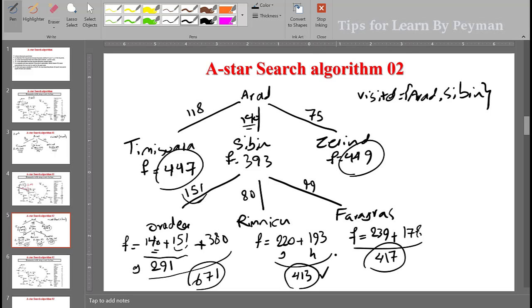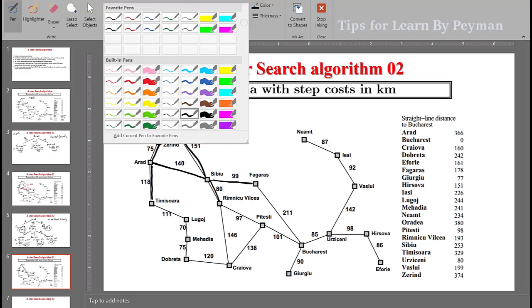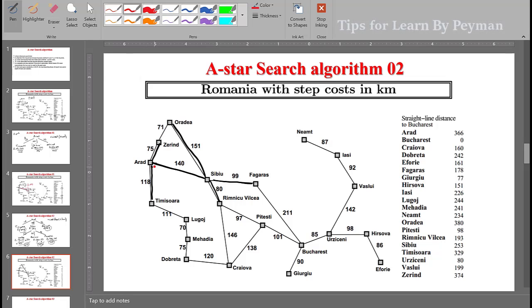So Rimiju is the lowest, so we choose the Rimiju as the next node. So here we choose CBU, and then when we open the Orada, Faragras and Rimiju, we choose the Rimiju. So if I want to show which one we choose from the starting point, we choose this path and then this path here.